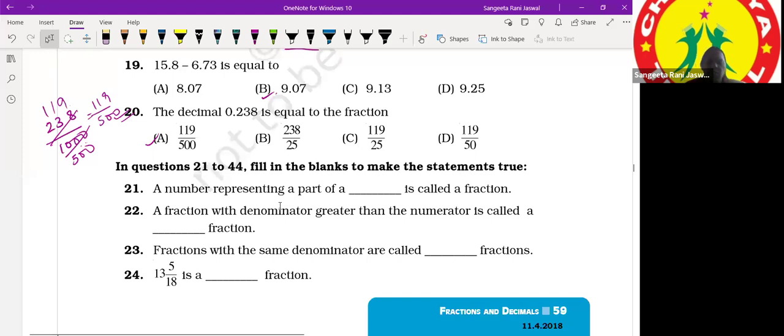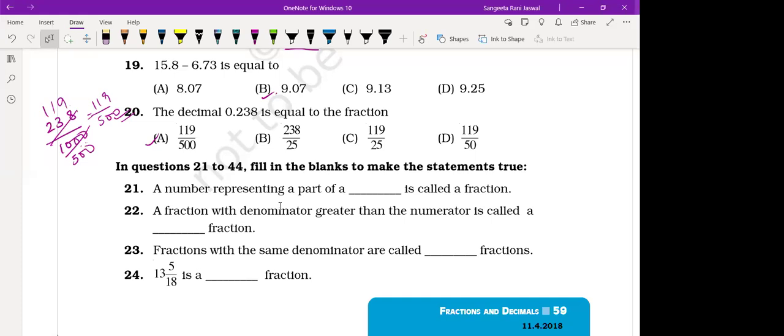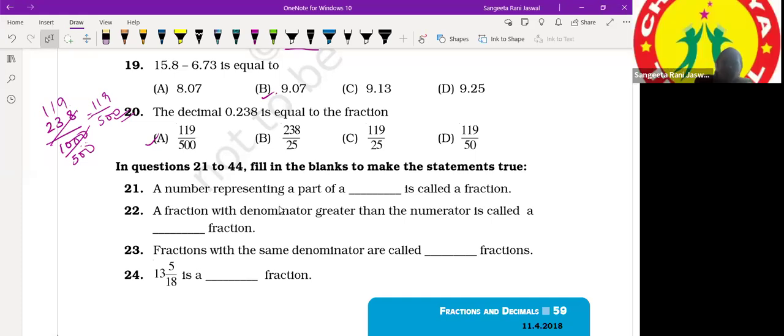The first one: a number representing a part of a dash is called a fraction. What will you write in the blank, Neha? One part of a whole. Very good. It's a part of the whole. A fraction is always a part of a whole.